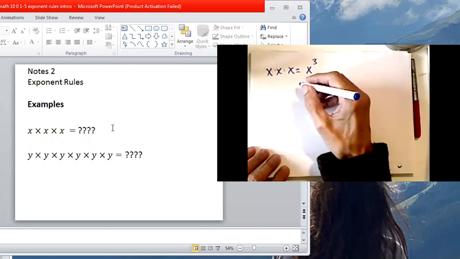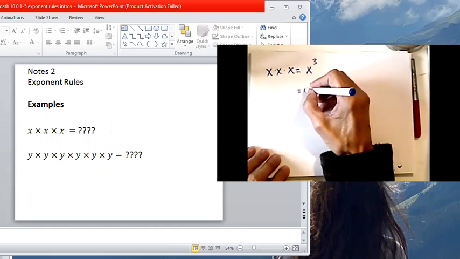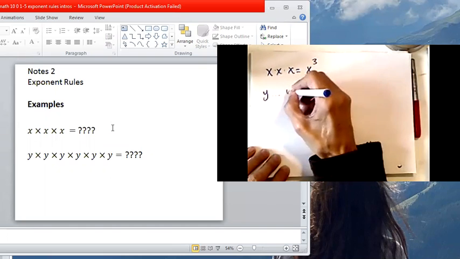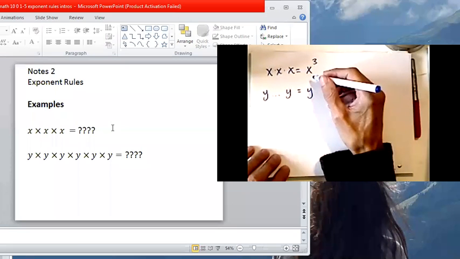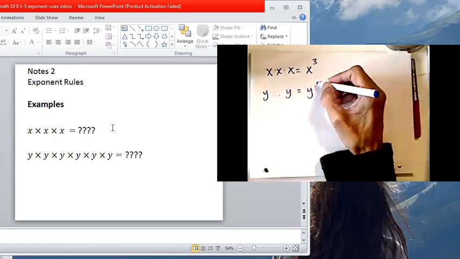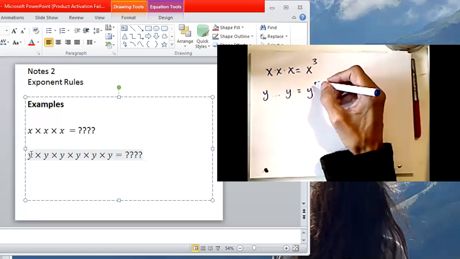How about for the y's? Can you count them all there? How many y's do we have? Let's see. 1, 2, 3, 4, 5.